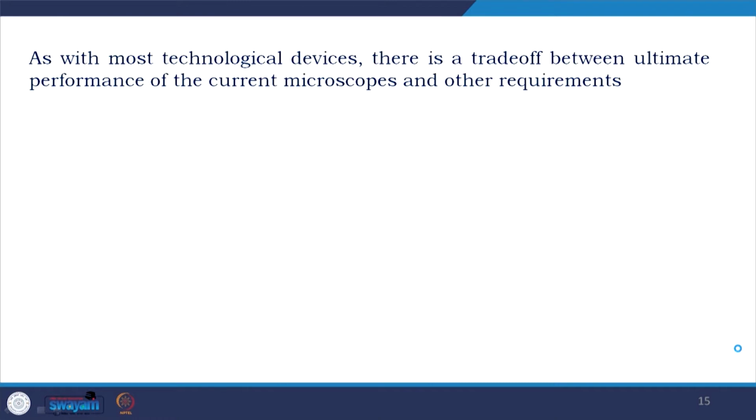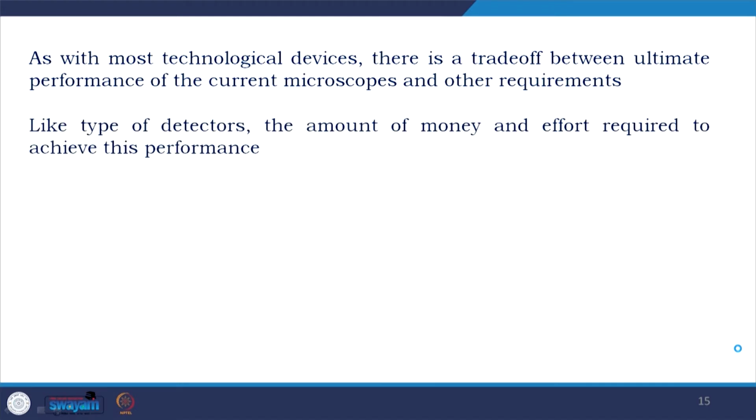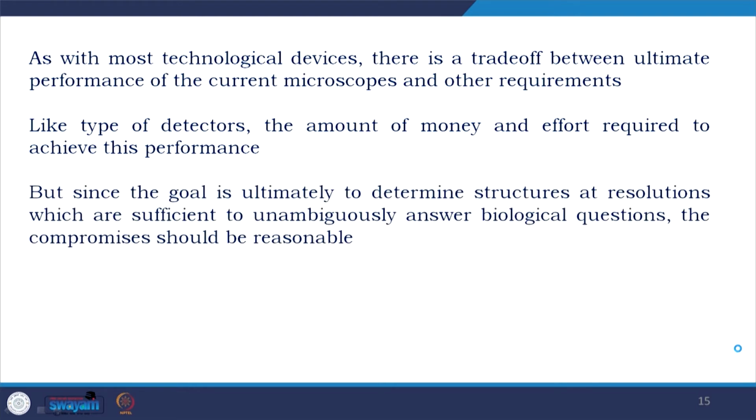So, as with most technological devices, there is always a trade off between the ultimate performance of the current microscope and the other requirements, like the type of detectors, the amount of money and the effort required to achieve the performance. But since the goal is ultimately to determine structures at resolutions which are sufficient to unambiguously answer the biological questions, the compromises should be reasonable.